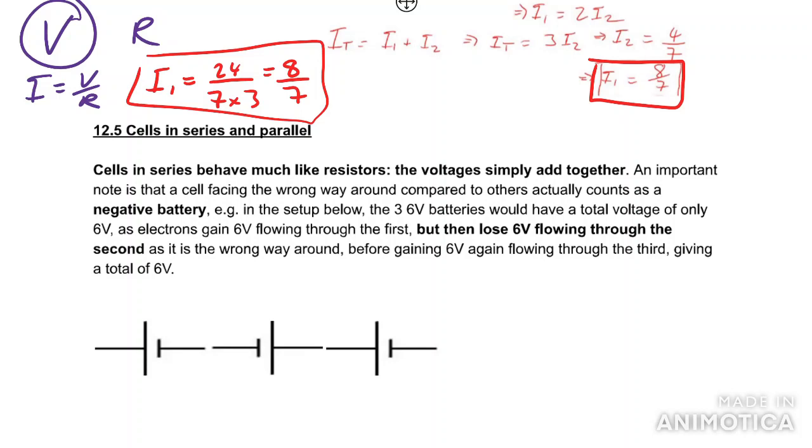So one thing is that cells in series behave very much like resistors. You just add together the voltages. But one thing that they occasionally do is have a battery going the wrong way around. So we've got 6 volts, 6 volts, and 6 volts, but you notice that this one's the wrong way around.